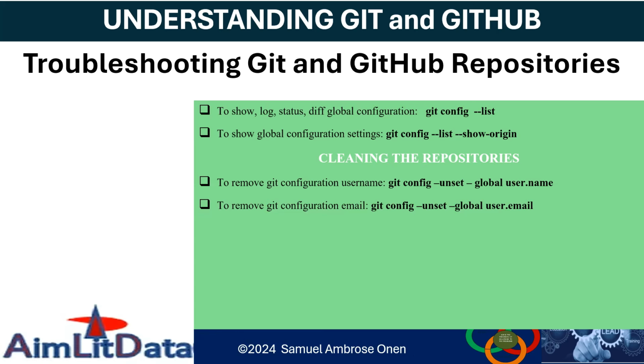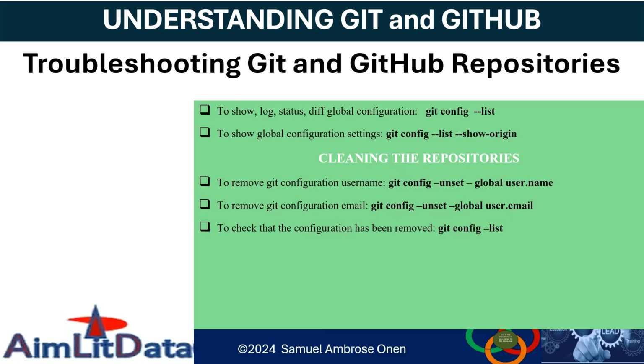For the branch it is init. Instead of using user.email, you use init.defaultBranch, then you give the branch name. And this is the same thing you use when you are resetting the configuration back. We will use the same kind of thing, but instead of unsetting, we will just set it up.